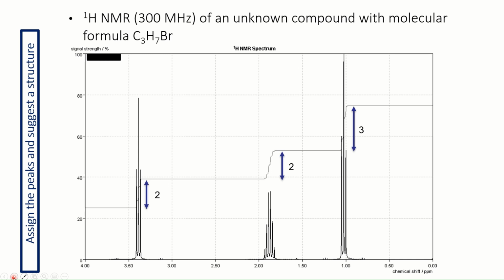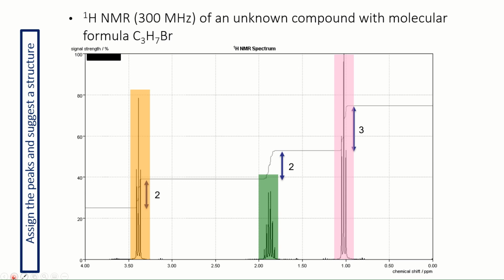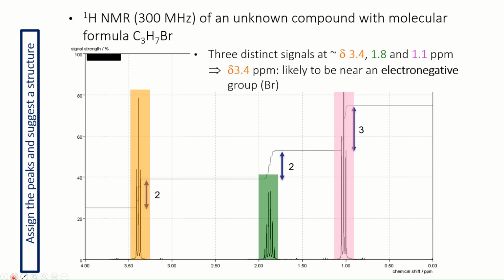But you can see here we have a spectrum. On the x-axis, of course, is our ppm scale, and it's a compound of molecular formula C3H7Br. We see three distinct peaks at chemical shift 3.4, 1.8, and 1.1.